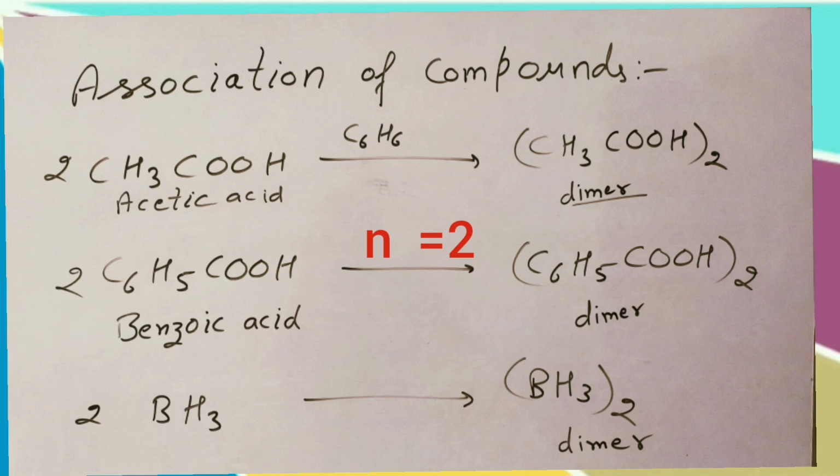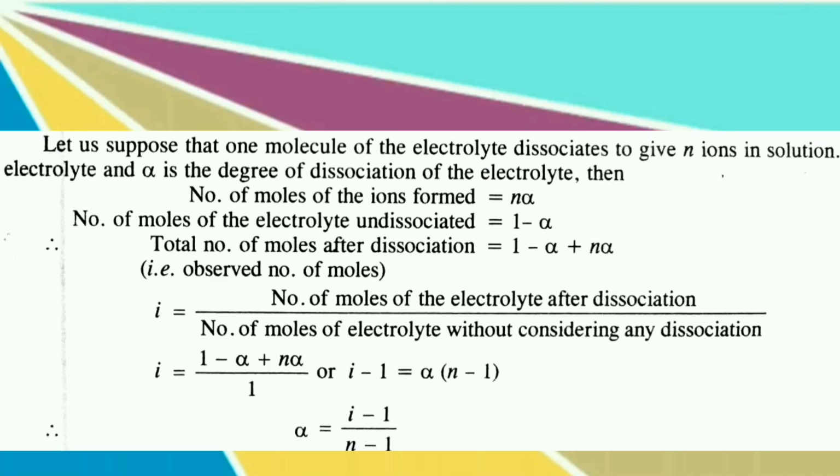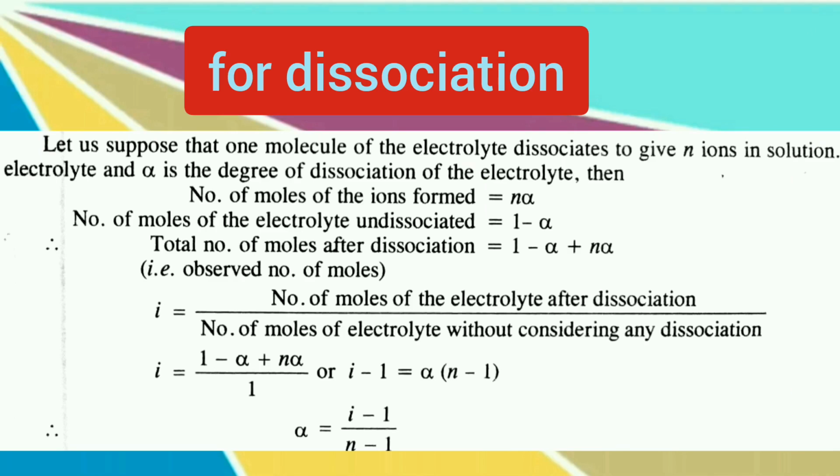Now let us check out the relation between degree of dissociation and Van 't Hoff factor i. Now let us check out the chemical reaction. One molecule of A dissociates and forms n molecules of product. Then number of ions formed equals n into alpha. Number of moles undissociated is 1 minus alpha.